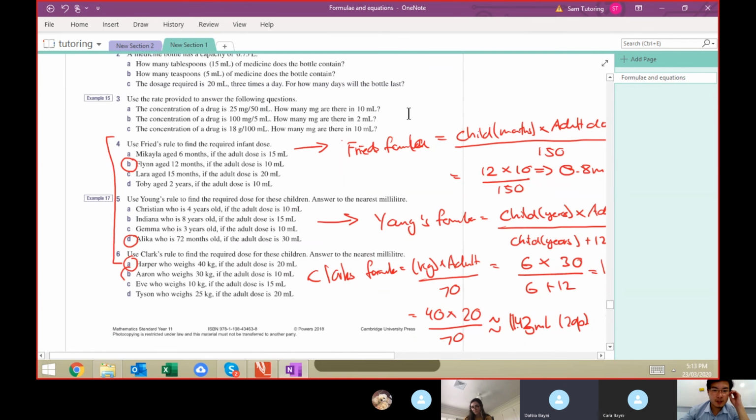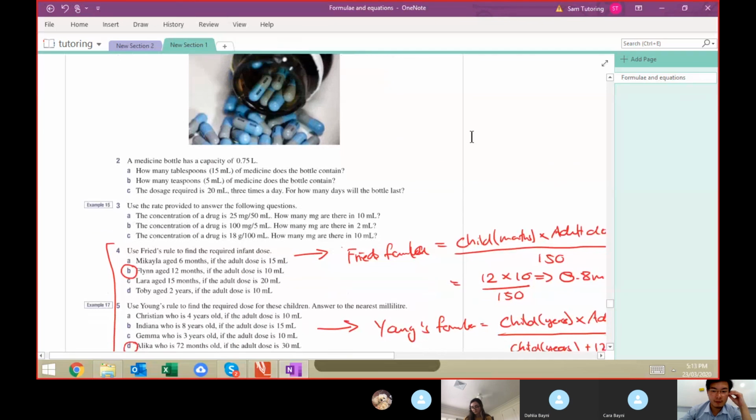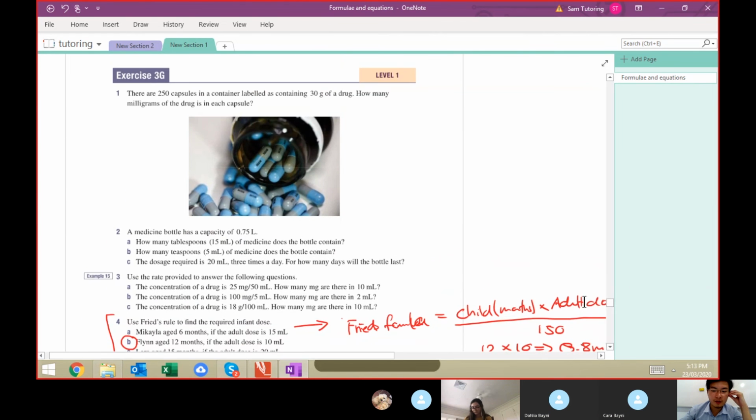So let's practice with Freud's formula first, and let's make it hypothetical. Because we can't get a decimal for a child's month, otherwise it'll be weird, so let's not do that. Let's say the child's dosage is 15 mils, and the child's age is 9 months.